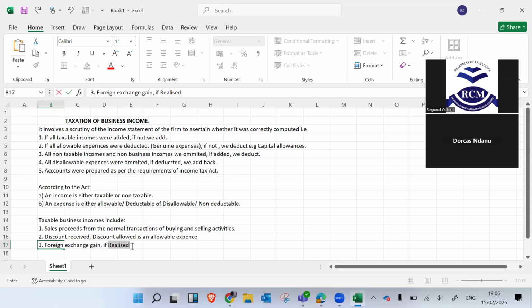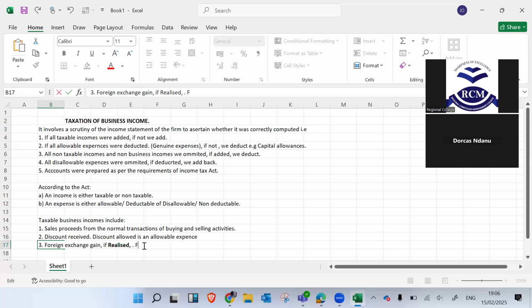Foreign exchange gain if realized. That part of if realized is very key. And if the examiner is silent in taxation, you're allowed to make assumptions. You can assume realized or unrealized. So the gain from the foreign transactions, if it was realized, becomes a taxable income.